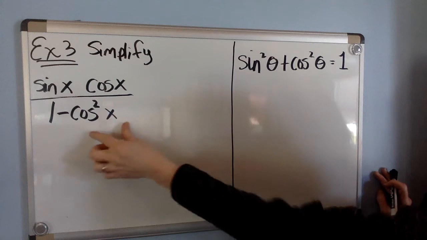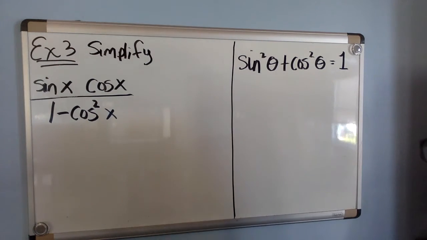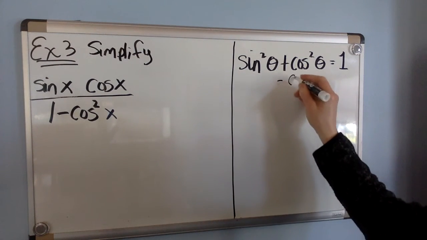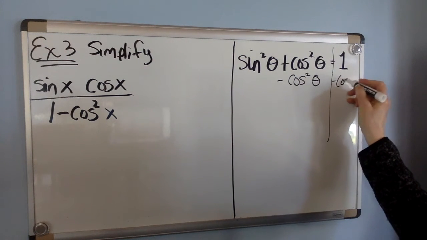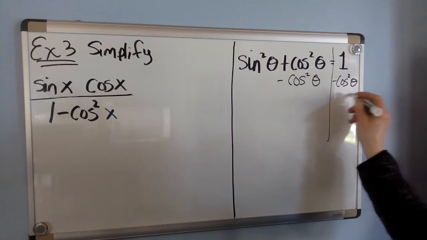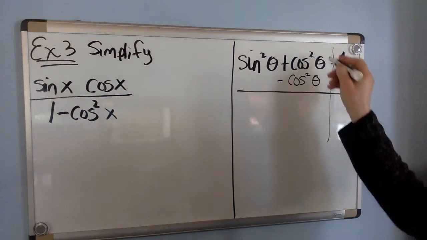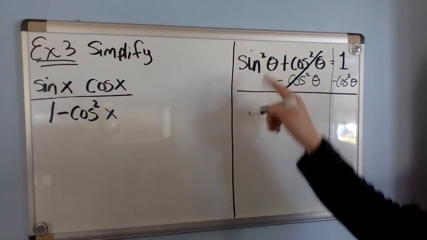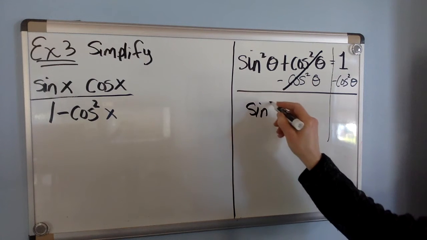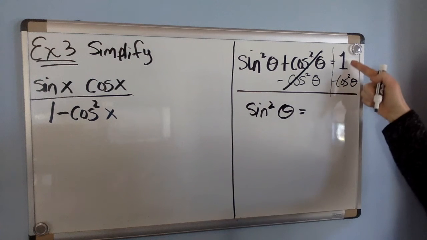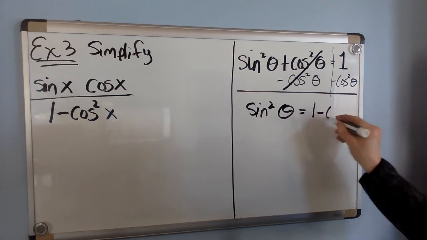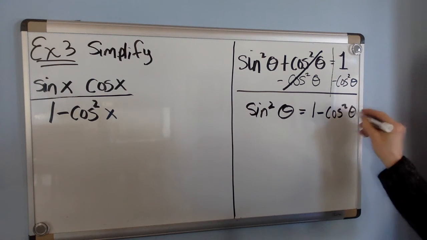And to get this from this, all we're really going to do is subtract the cosine squared of theta from each side of this equation. And when we do that, this cancels, and we're left with sine squared of theta is equal to 1 minus the cosine squared of theta.